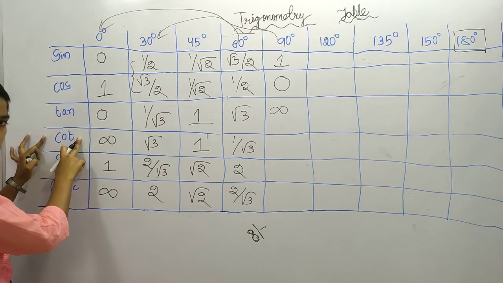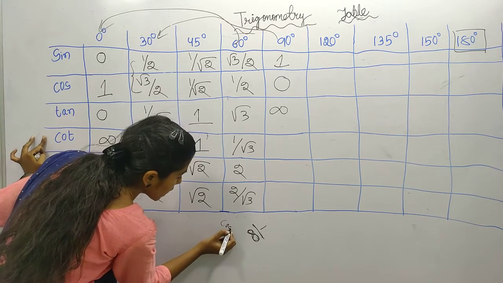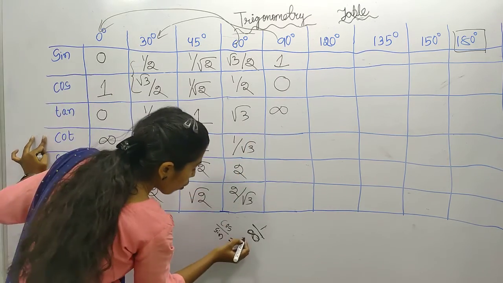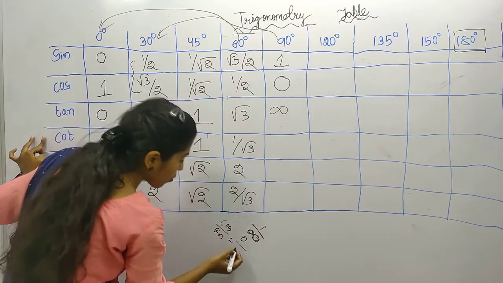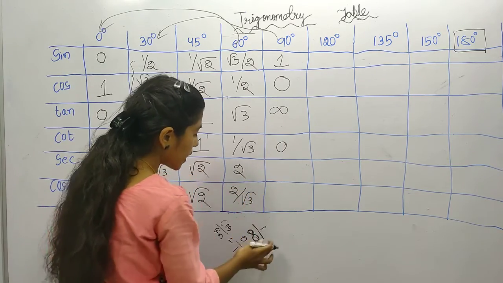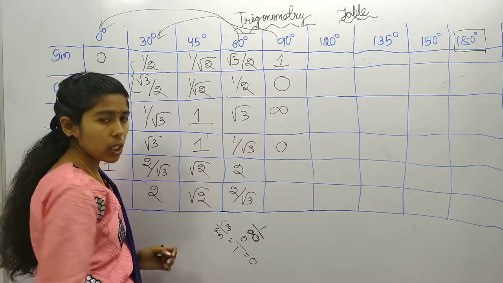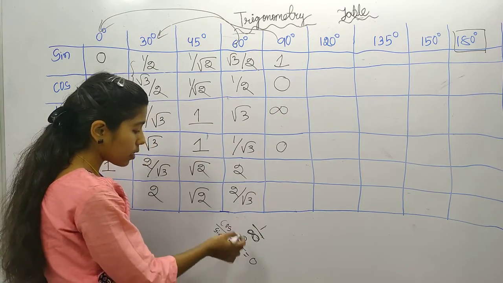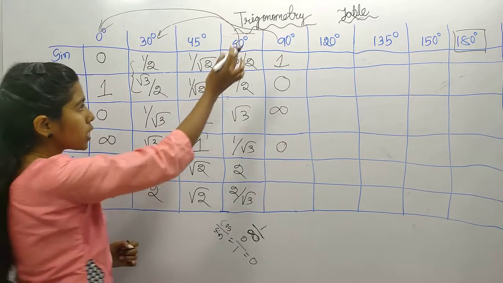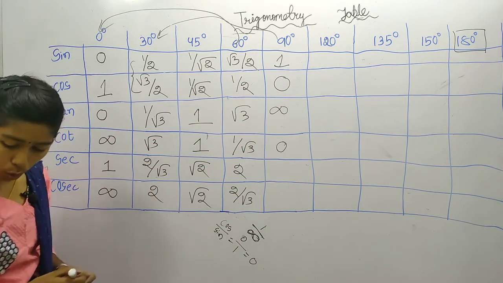Another formula is also there for cot, that is cos by sin. So what is cos here? 0 divided by sin is 1. So 0 by 1 is 0. So anything divided by infinity is 0 or 0 by 1, and 0 divided by anything is also 0. So cot 90 degree is 0. Next.